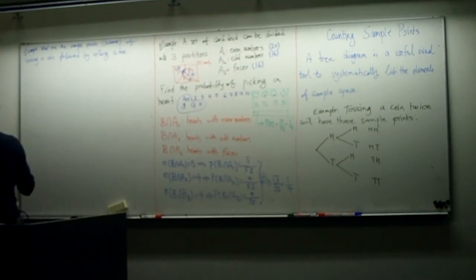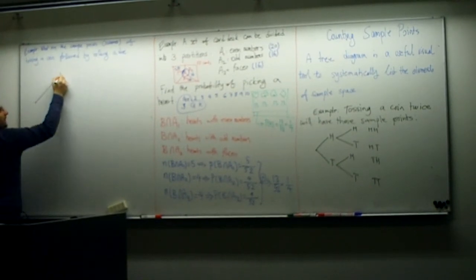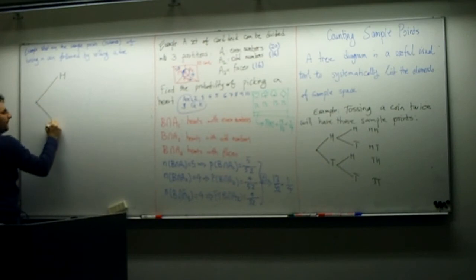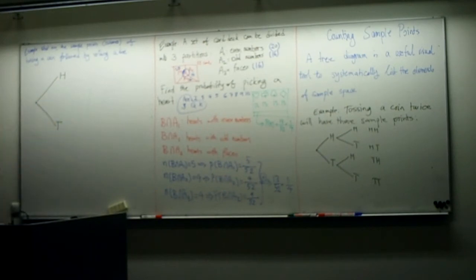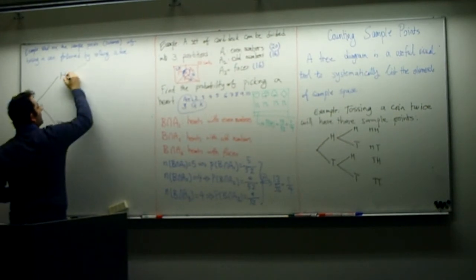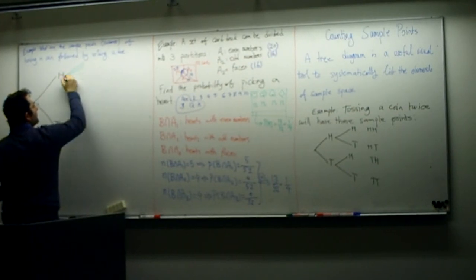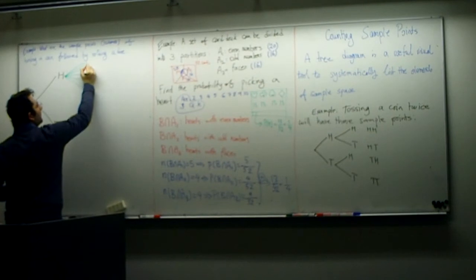So here what we do, we have a coin. So we get either head or tail. Now, imagine that we have got head. Now we go and roll the dice. With the dice, we are getting 6 outcomes, right?